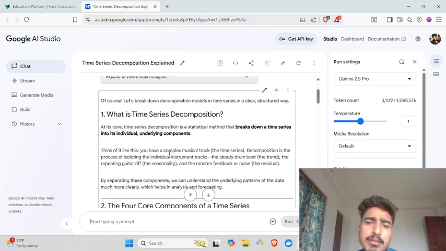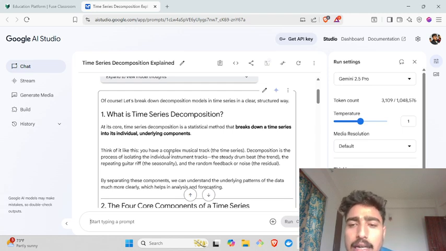Before diving into the decomposition, let's get to know the components. Trend in a time series is the long-term movement or direction of the data.